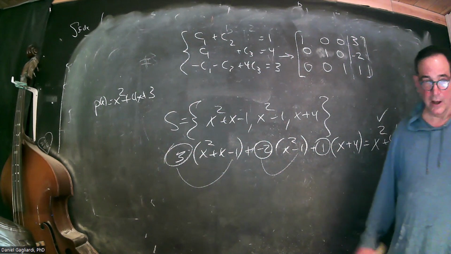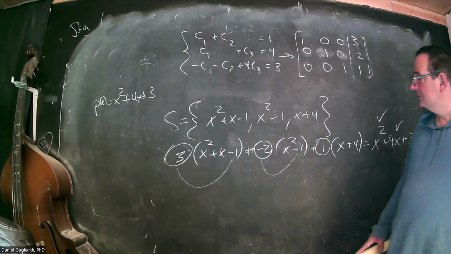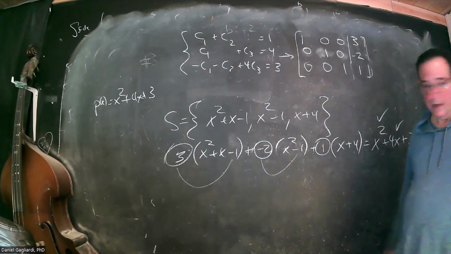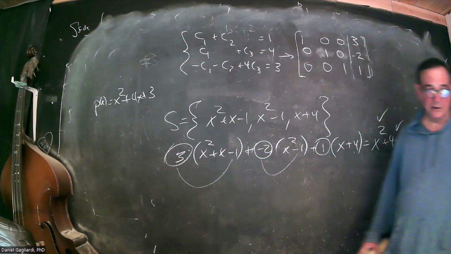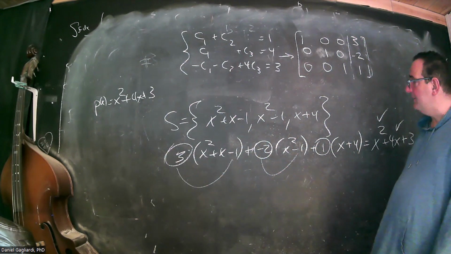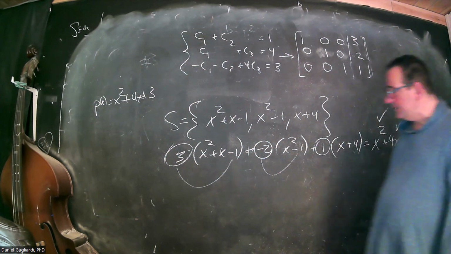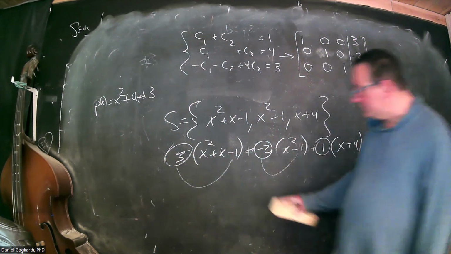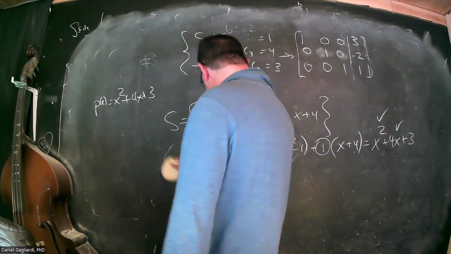Okay, good. I'm not saying that this is a basis. It could be. There are 3 of them, and this is a 3-dimensional vector space. But I would need to do something else. I believe it is a basis. If I wanted to see if this was a basis, I would do a different equation. Let's do that just for the heck of it. Let's show that this is a basis.